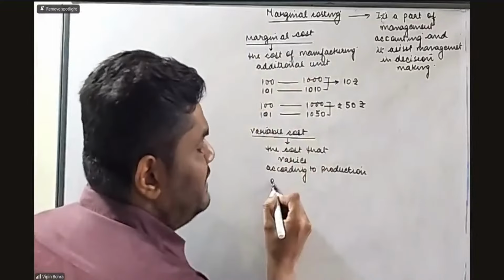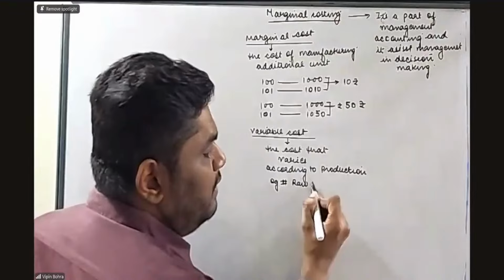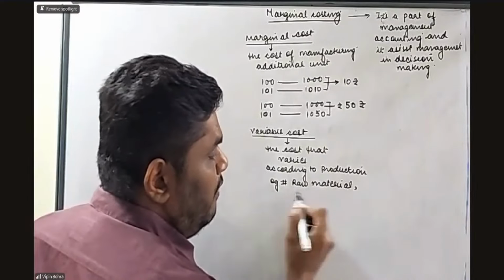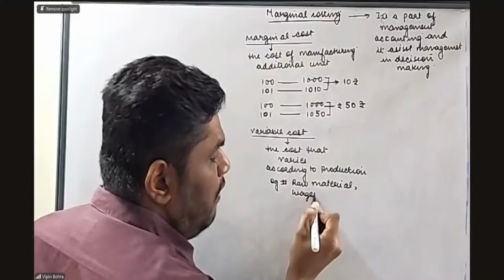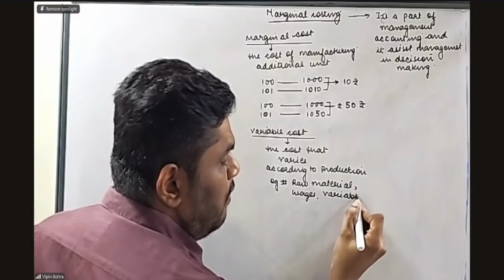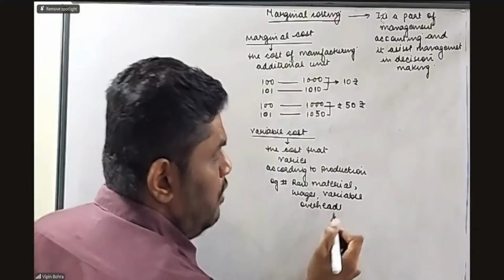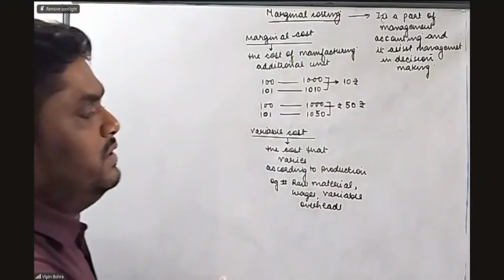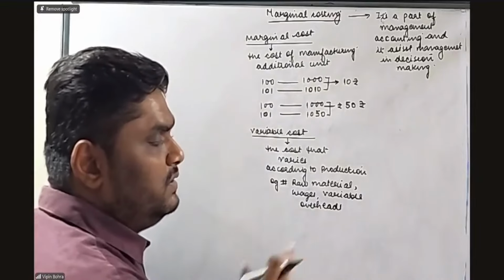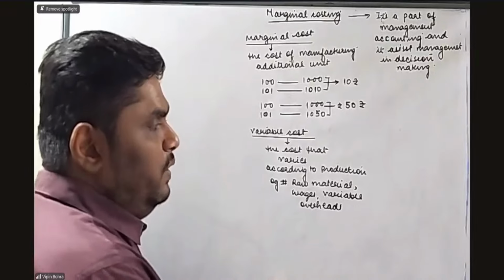When talking about the examples of variable cost, the best examples are raw material, direct wages, and all the variable overheads.